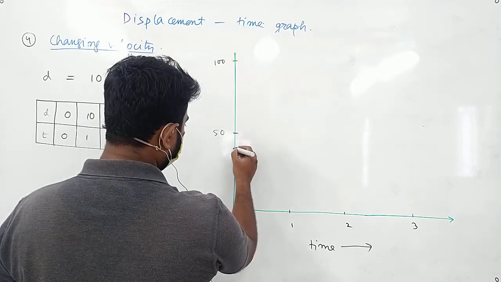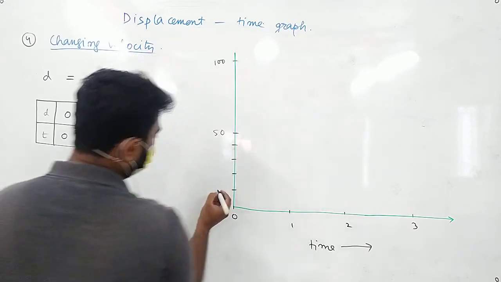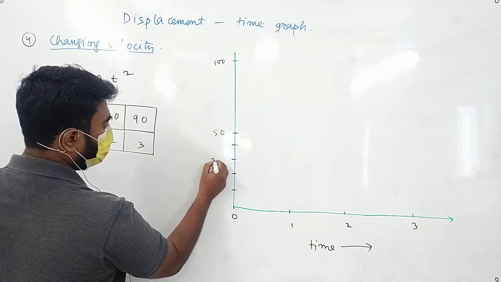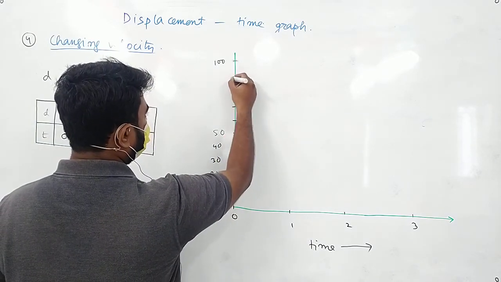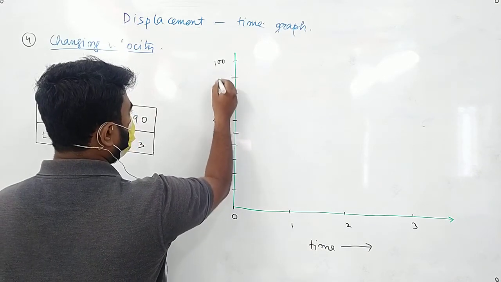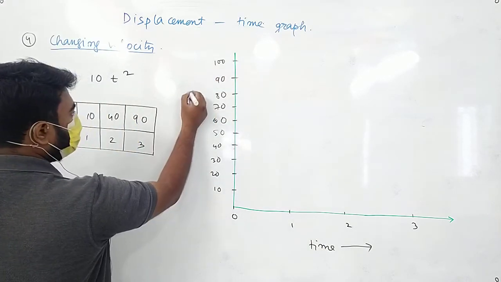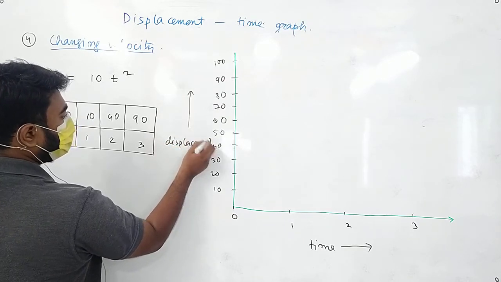So this is 10, 20, 30, 40, 50, 60, 70, 80, 90. This axis is displacement.